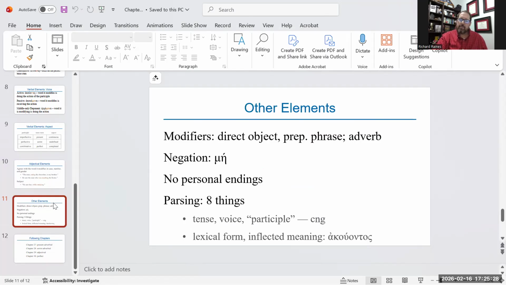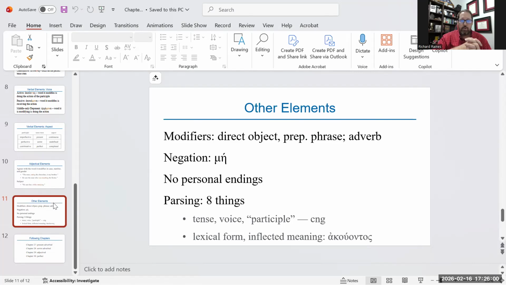Some of the modifiers that you're going to find of the participles: direct objects are going to modify them, prepositions, which will make them prepositional phrases, and adverbs will all modify the participle. Participles are negated not with omicron upsilon, but they're negated with mu eta, mē.